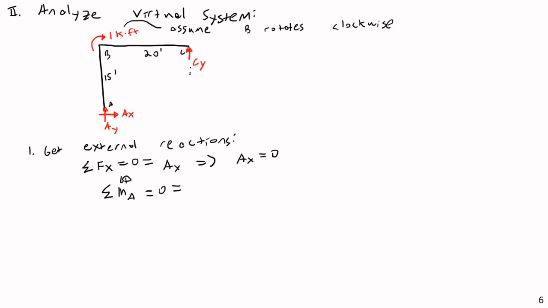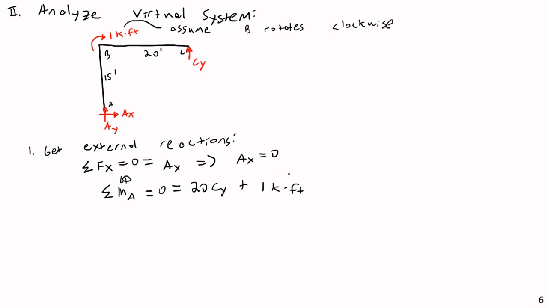That's going to be equal to 20 times Cy, the moment caused by the reaction at C. 20 Cy, positive of course, counterclockwise. And then plus 1 kip per foot. That is the couple on joint B. Sorry, not 1 kip per foot, 1 kip foot. Actually, I'm missing a negative here.